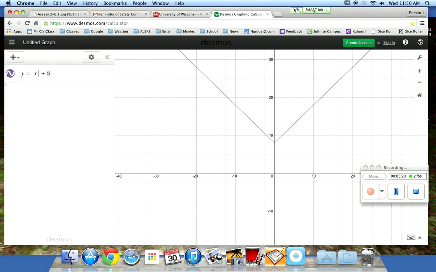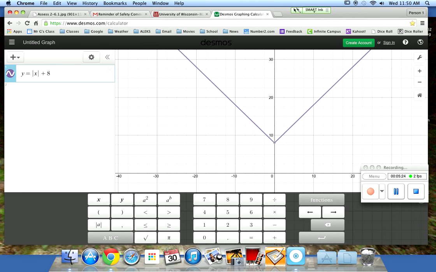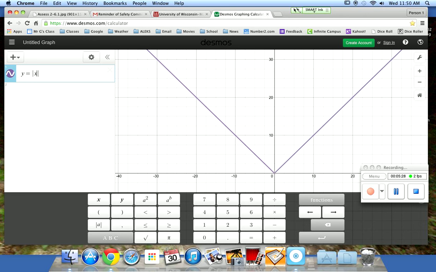Now, instead of putting it outside of the absolute value, what if I put it on the inside? What do you think will happen? If we put it outside of the absolute value, it makes it go up and down, right?